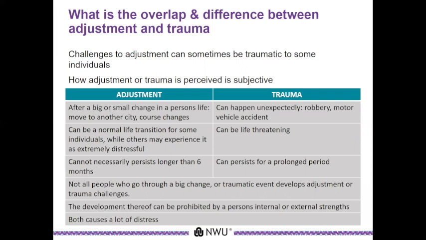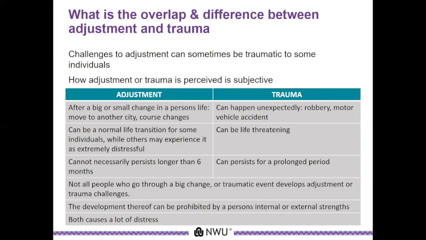So adjustment is after a big or a small change in a person's life event. For example, moving to another city, or it could be course changes. All of us went through a huge adjustment period through this COVID-19 time. Trauma can happen unexpectedly, so it has a more unexpected part to it than adjustment does.